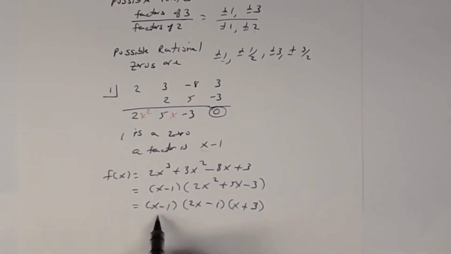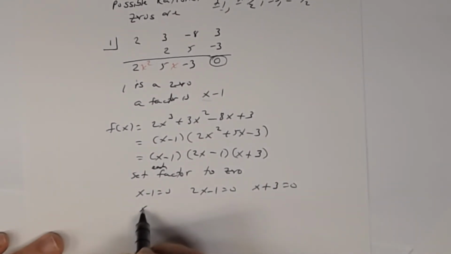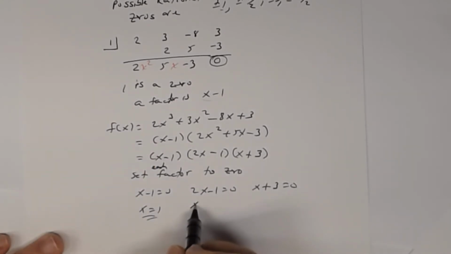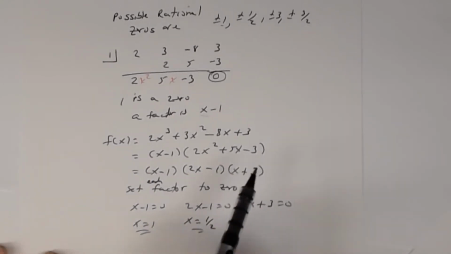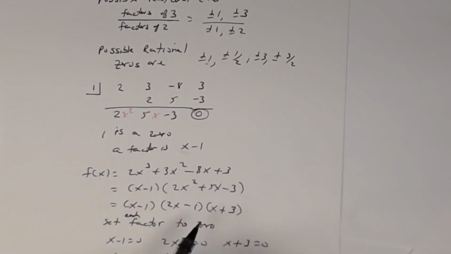And there we go. So all I got to do now is set each factor to 0 to find the zeros. So we have x minus 1 equals 0. We have 2x minus 1 equals 0. We have x plus 3 equals 0. And so x equals 1, which I already knew from here, right? And over here we get x to be 1/2, which was one of the zeros, which most students would not try first.